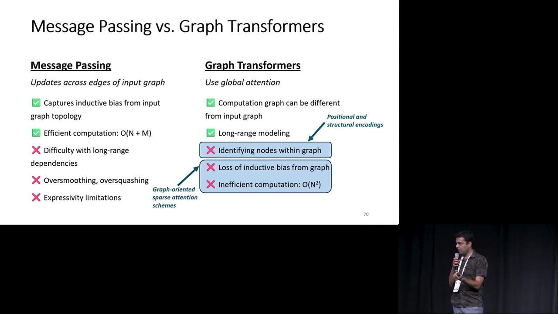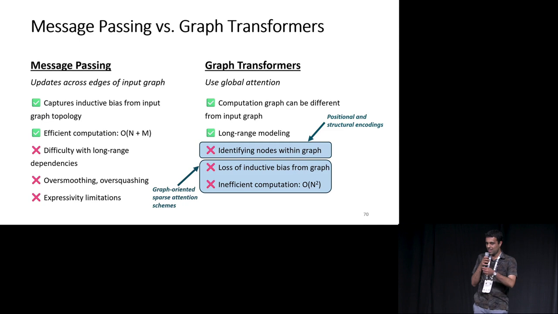Graph transformers, on the other hand, don't suffer from these issues. But there are questions about how to overcome the loss of the inductive bias, given that you're throwing it out for the computation. Again, this can be rectified using positional encodings. And then obviously there's the computation: how to decrease the quadratic dependence.